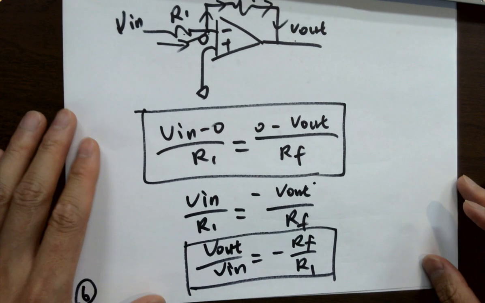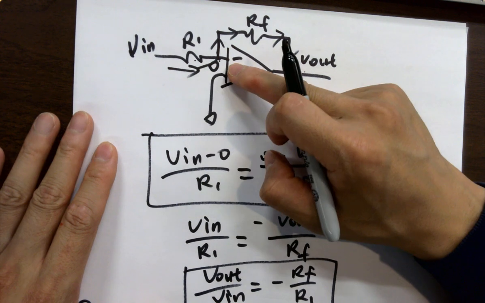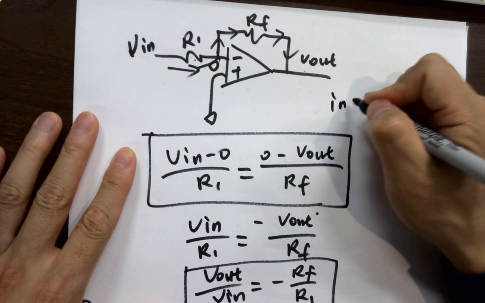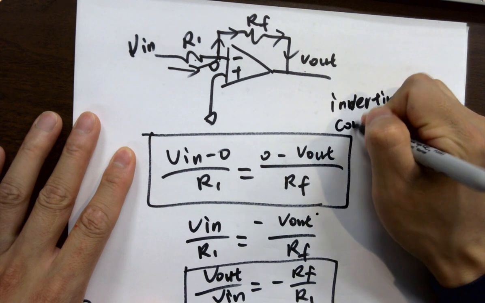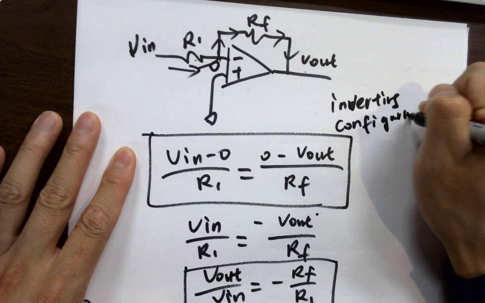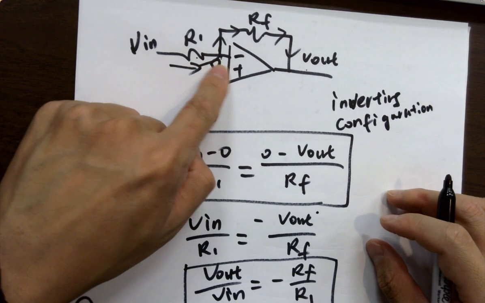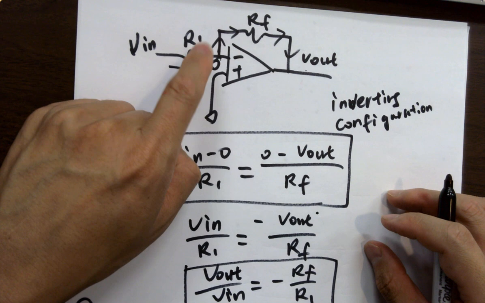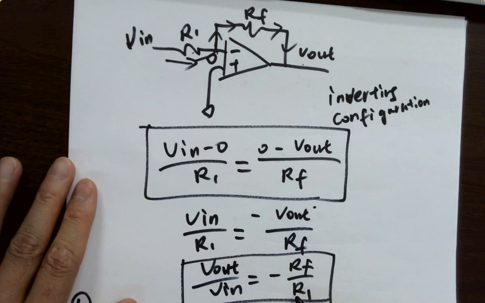If you connect the op-amp in this way, this is called the inverting configuration, because the input signal is connected to the inverting terminal through a resistor. And that's the voltage gain of it.